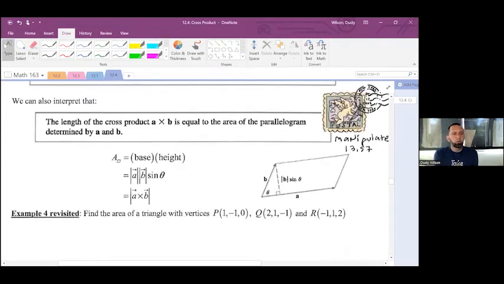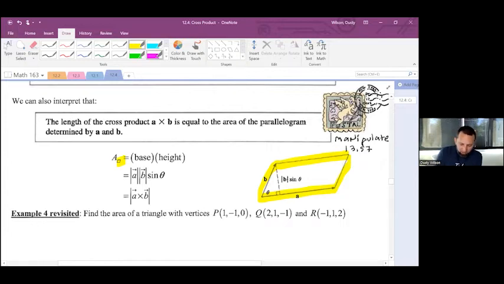We can also interpret the length of the cross product A cross B as equal to the area of the parallelogram determined by A and B. So the area of the parallelogram here is equal to its base times its height.